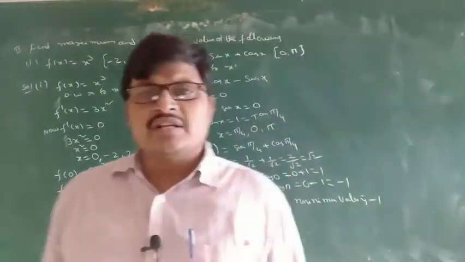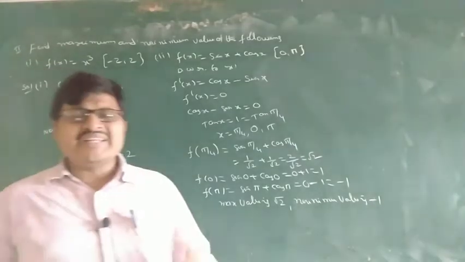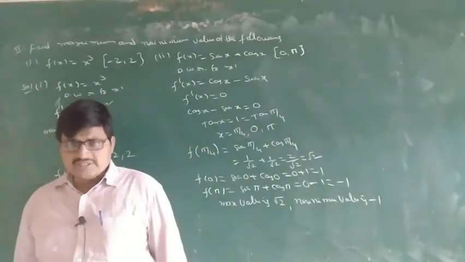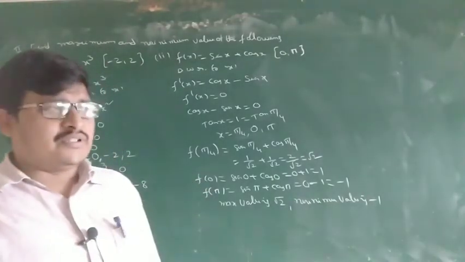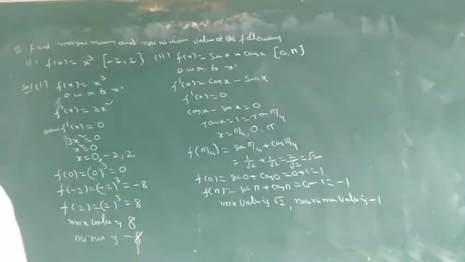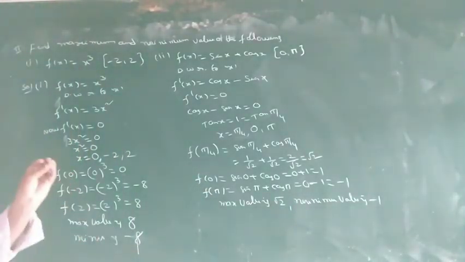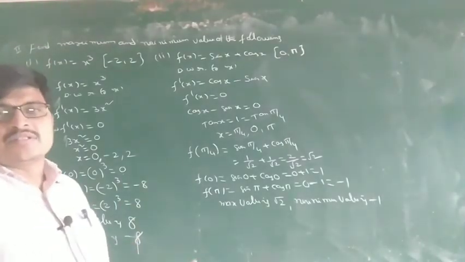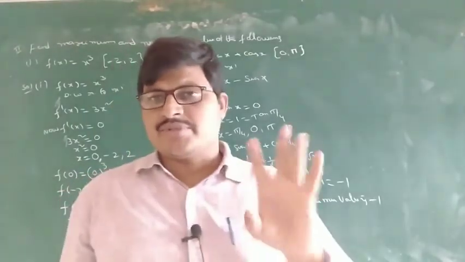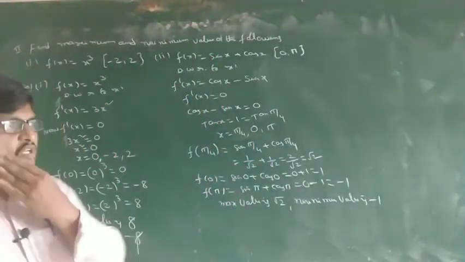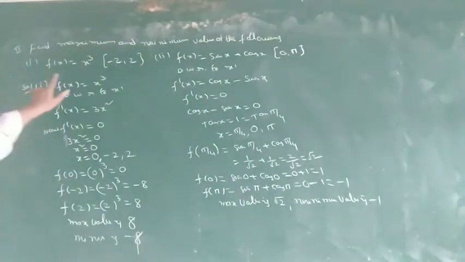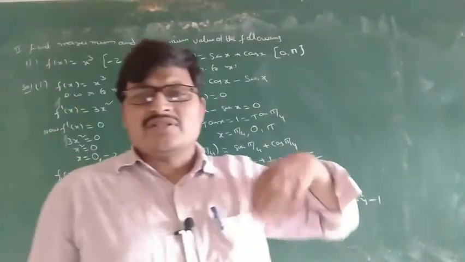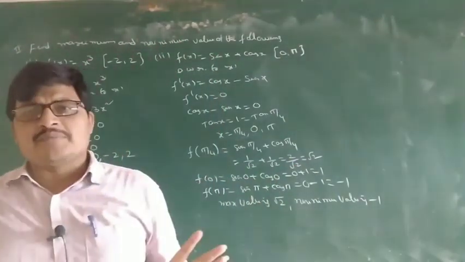First, whatever type of problem is given, we have to calculate with the same method, 3 steps. First step, derivative. Whether the interval is given or not given, it is the same for any type of problem.